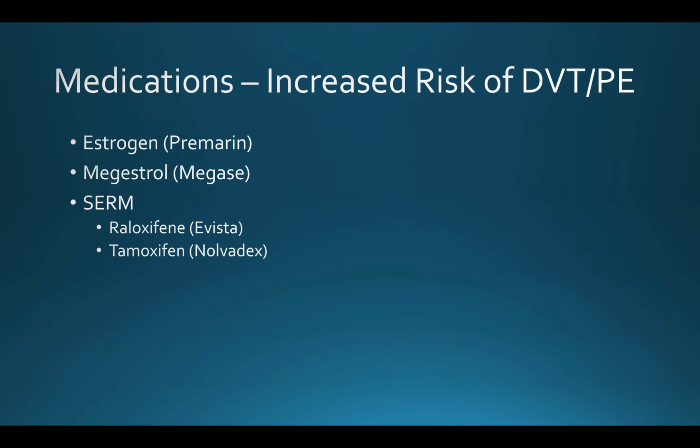There is some risk with that medication, and it does increase the risk of DVT and blood clot type events, pulmonary embolism. And then SERMs, which again act on estrogen receptors, can contribute and potentially increase that risk of a DVT.